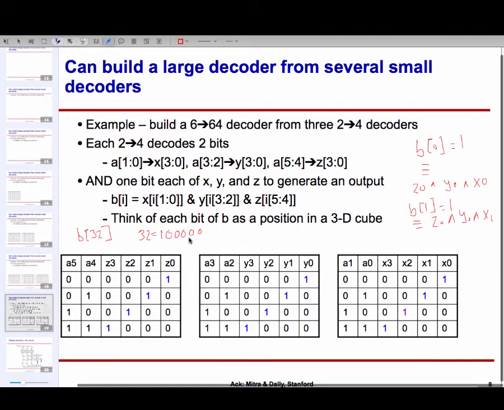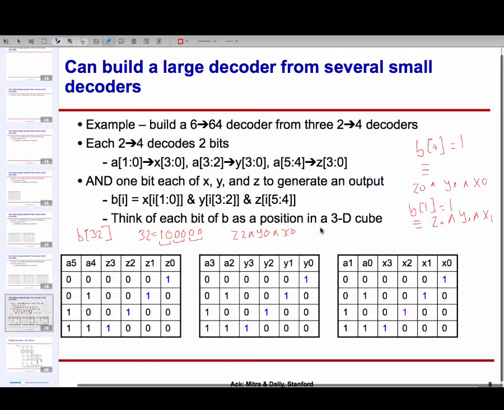Looking at this, I'm going to look at these pairs. The lowest pair is 0 0, so I'm going to pick X of 0. The middle one is 0 0, so I'm going to pick Y of 0, and the upper one is 1 0, so I'm going to pick Z of 2. So that means B of 32 can be implemented as Z of 2 and Y of 0 and X of 0. And I can play the same game for each one of my 64 outputs.